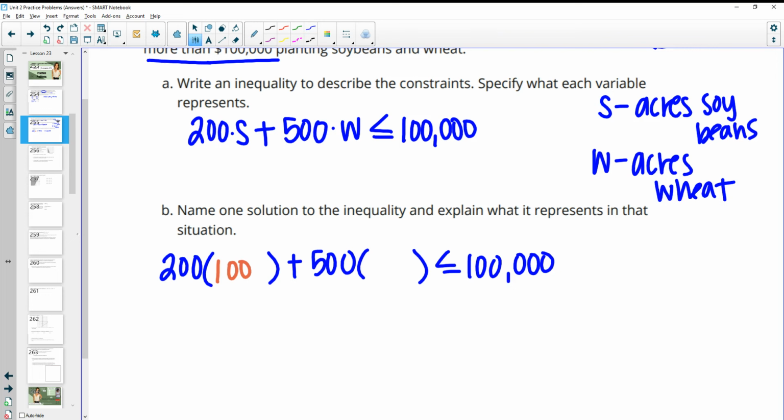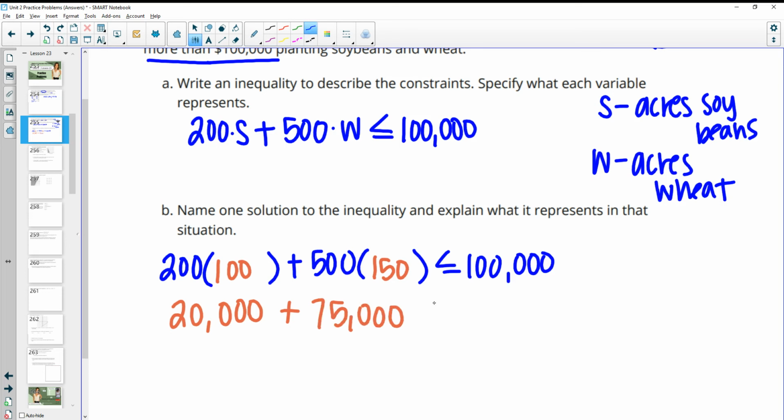So if we do 100 soybean acres, that's 200 times 100. So this is going to give me $20,000 that I spent on soybeans. And then let me do maybe 150 acres of wheat. So then 500 times 150 gives me 75,000.